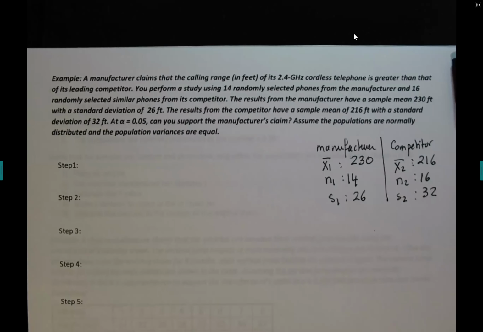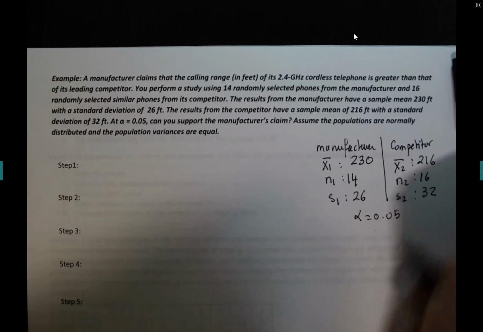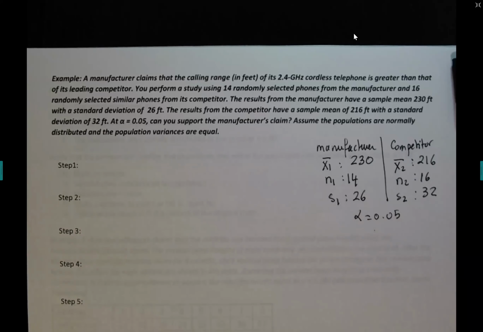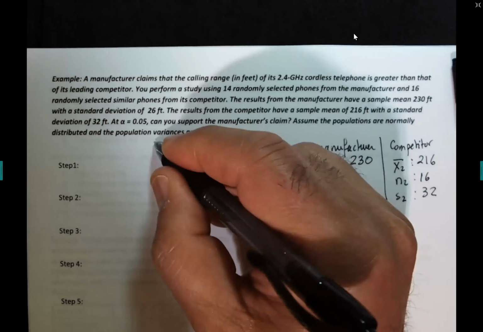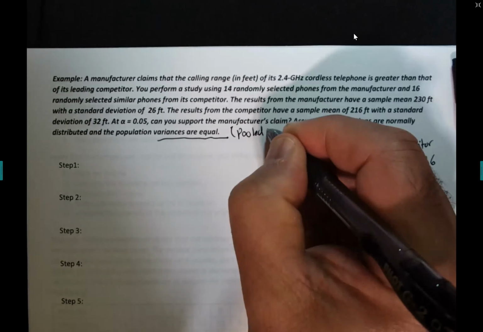At alpha equals 0.05, can you support the manufacturer claim? Assume that the populations are normally distributed and population variances are equal. When he says this, guys, remember, when it comes to pooled, it's going to be a yes now.